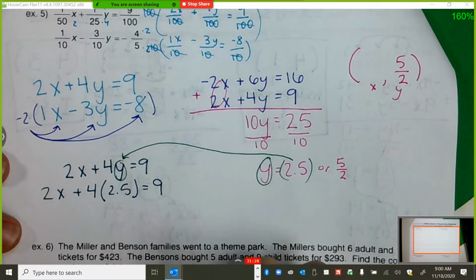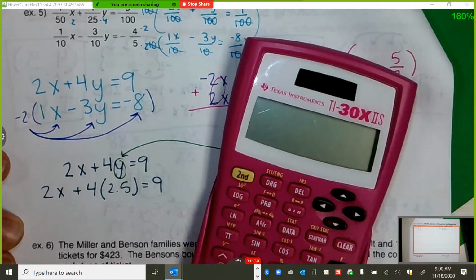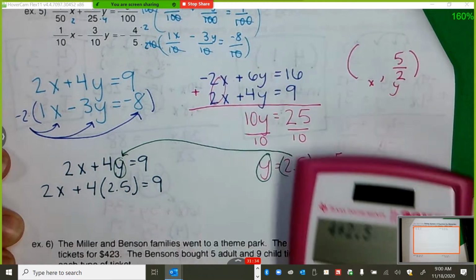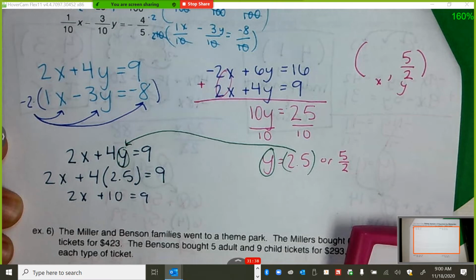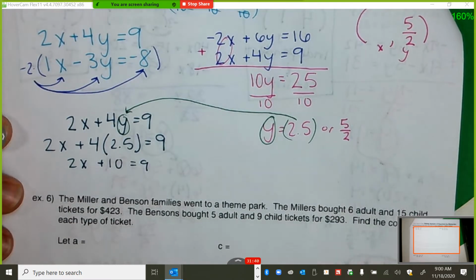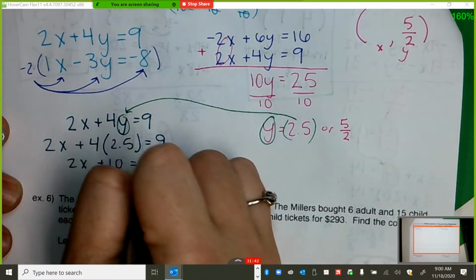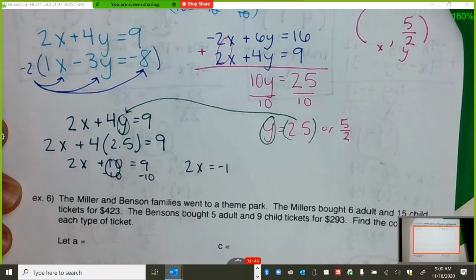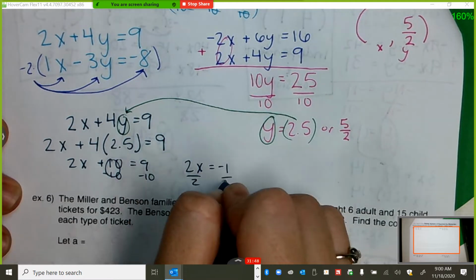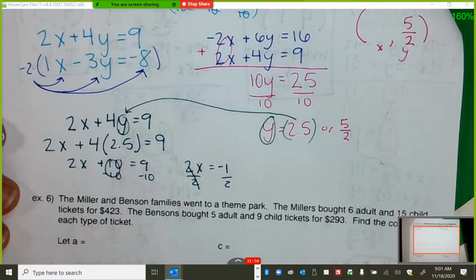What's 4 times 2.5? 10. So 2x plus 10 equals 9. Now what? Minus 10 minus 10. I get 2x equals negative 1. Divide by 2, x equals negative a half.